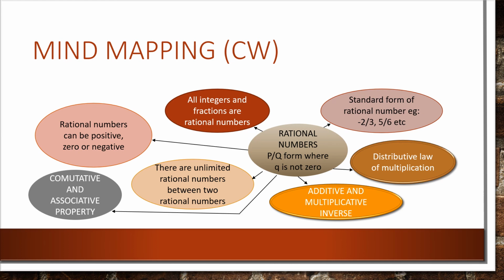Means the sum of two rational numbers is same even if you change their position. Means a plus b is same as b plus a. So the properties are all same in whatever you have learned. In case of integers, it's same and applicable to rational numbers also. So this is how you are going to draw the mind mapping, make it colorful, make it neat.